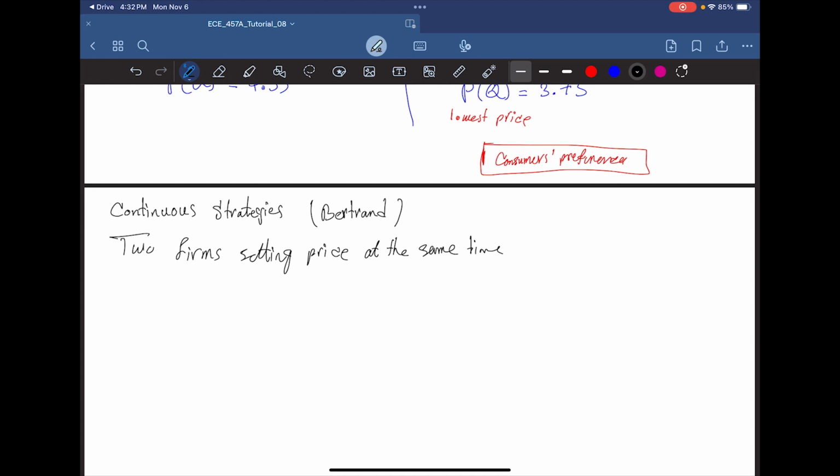All right. The terms that we have: the first quantity. So the difference here is that we have the quantities as a function of prices. So we have two companies, the quantity for the first company and the quantity for the second company. Both are functions based on the price of the first company and the price offered by the second company.